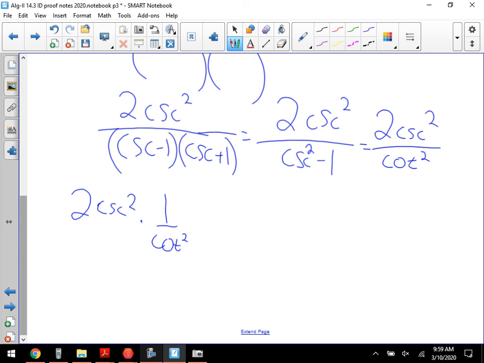Okay. So here, I've got the cosecant in the numerator, the cotangent in the denominator, which means I bring the cotangent up, it becomes tangent squared. Bring the cosecant down, it becomes sine squared.